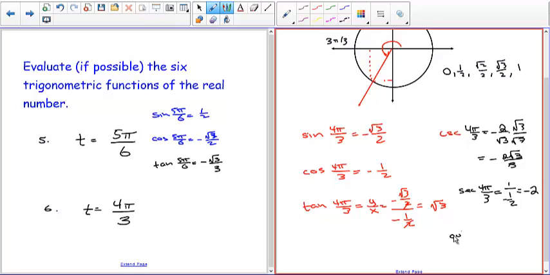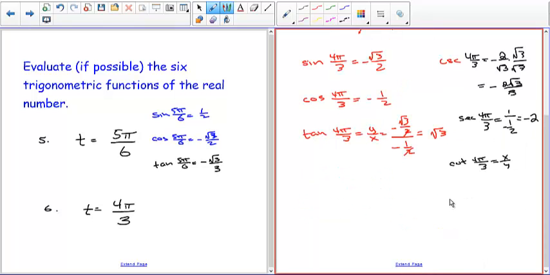And then you have the cotangent of 4 pi over 3, which is going to be x over y. So my x is the cosine, and the y is the sine. So the 2's cancel out, the negatives cancel out.